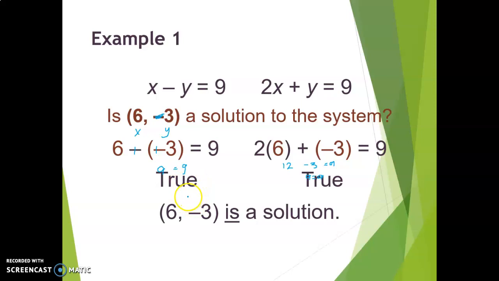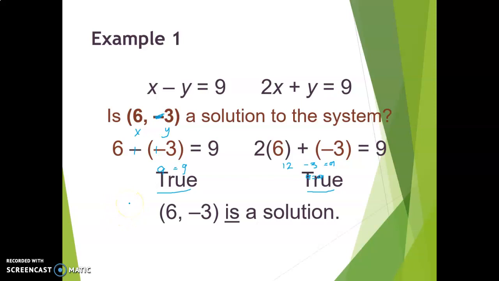So when we're testing to see if a point is a solution for a system, our steps: first, we're going to substitute it into both equations. Second, we're going to simplify to see if it makes true statements. Third, if it makes true statements for all the equations, it's a solution for this whole system.